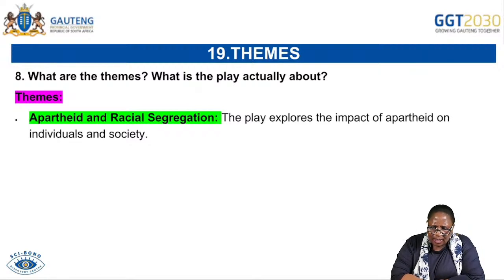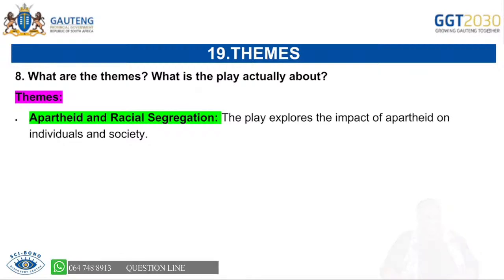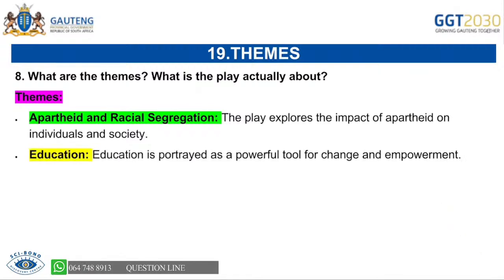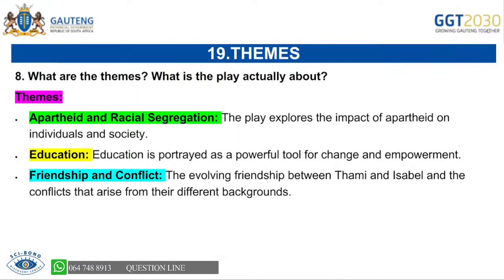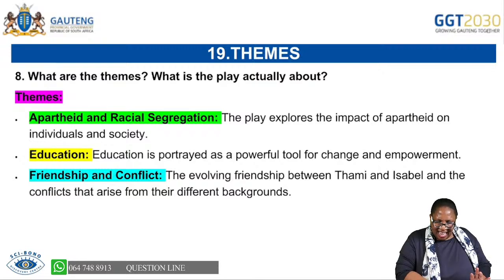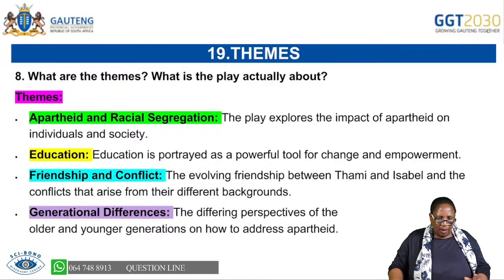The play explores the impact of apartheid on individuals as well as society. Education is portrayed as a powerful tool for change and empowerment. Friendship and conflict. The evolving friendship between Tammy and Isabel and the conflicts that arise from their different backgrounds.